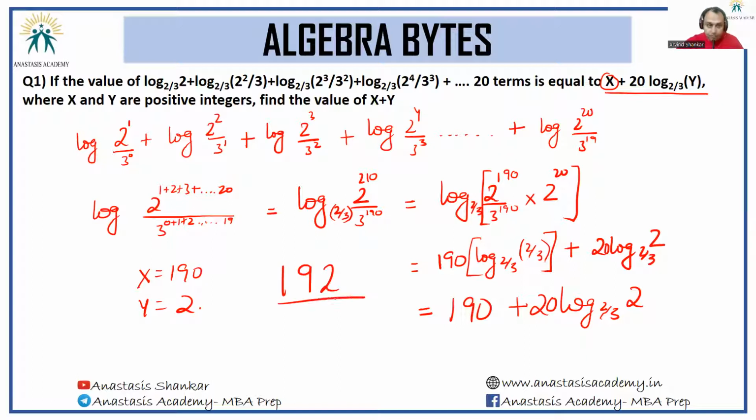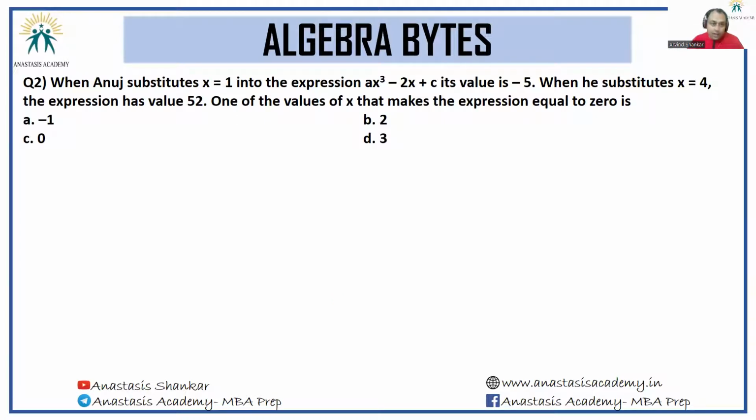192. Next, when Anuj substitutes x equal to 1 in the expression ax cube minus 2x plus c, its value is 5. Okay, let's substitute x equal to 1. I would get a minus 2 plus c is equal to minus 5, or a plus c is equal to minus 3. We've got this.